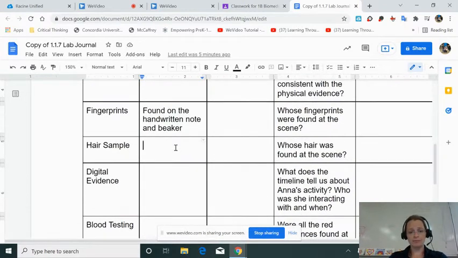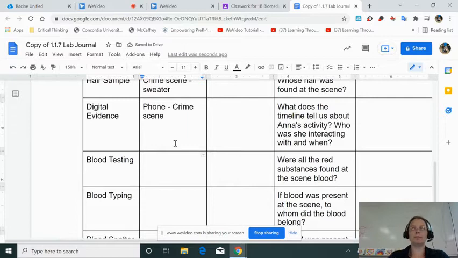Let's see, the hair sample was at the crime scene. On the sweater, the digital evidence, the phone, crime scene. Blood testing, well, the blood came from the crime scene, so that's what we're going to say. For all of these, actually, they were all found at the crime scene.